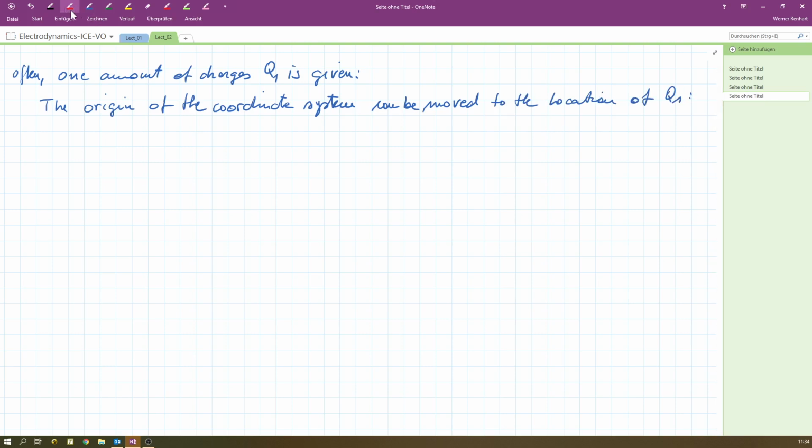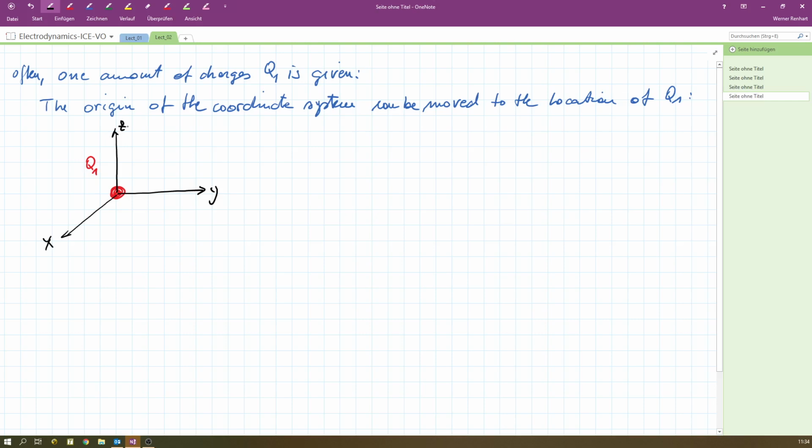So this means if we have our Q1, and we have only one charge Q1 or amount of charges, then we can move the origin of this coordinate system, x, y, and z, to the location of the charge Q1.